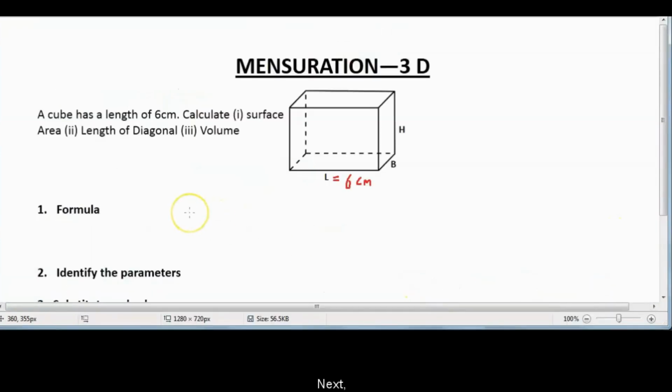Next, we calculate the length of the diagonal. The length of the diagonal is given by L equals x root 3, where x is equals to 6.